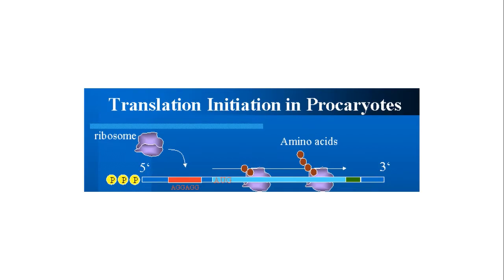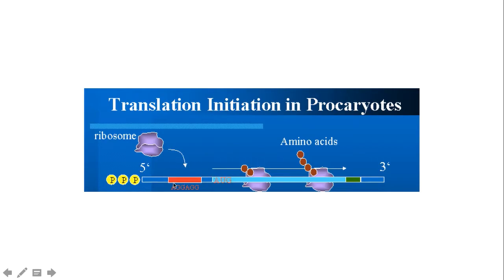Now, in prokaryotes, so remember this is based upon how translation works in bacteria because the viruses are doing all of this in bacteria, the ribosome binds to the sequence that is upstream of the start site. So what we're doing in each gene is we're trying to find which start site is at the beginning of each of the genes.